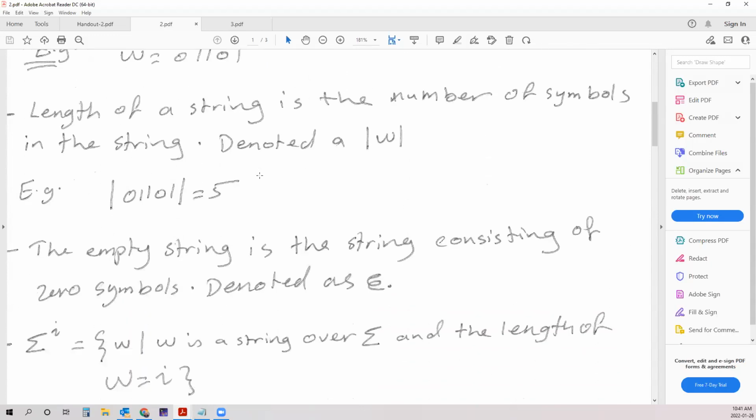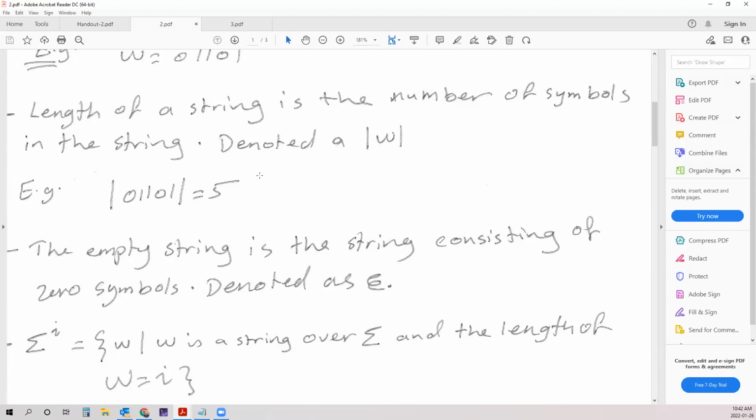The empty string is a string consisting of 0 symbols, denoted by epsilon. Sigma^i equals the set of strings W where W is a string over sigma and the length of W equals i. When I say sigma 5, that's a string that consists of 5 symbols.